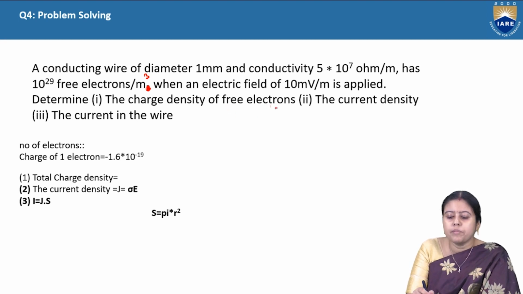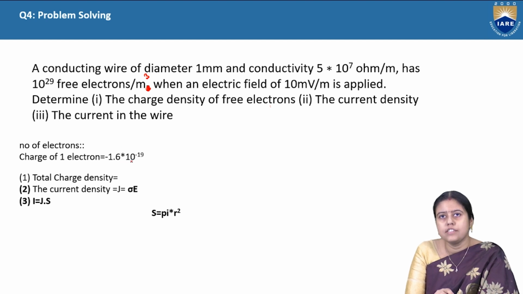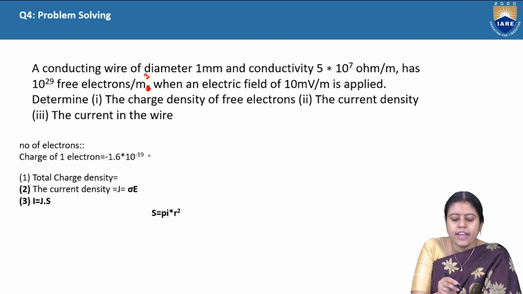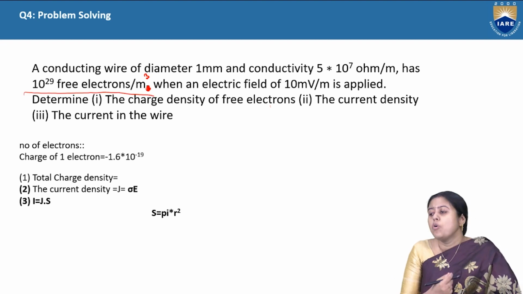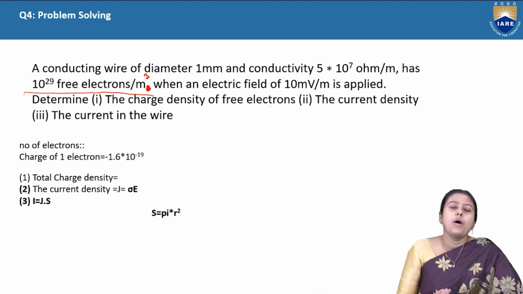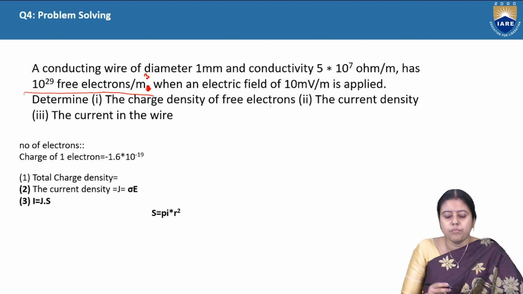What is the meaning of charge density? Charge per unit volume. The charge of one electron is minus 1.6 into 10 to the power minus 19. It is given that there are 10 to the power 29 free electrons per meter cube, and per meter cube means unit volume.